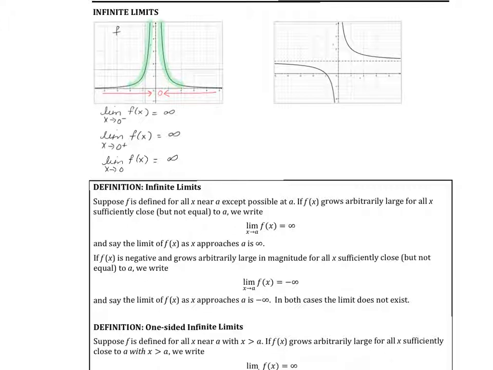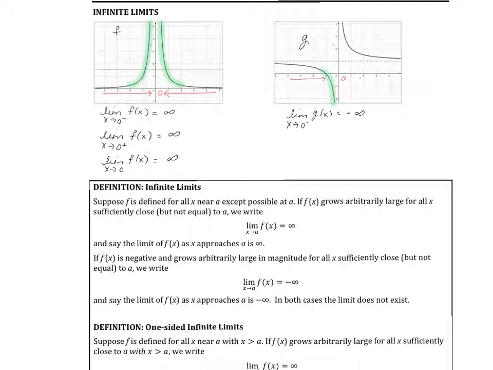As we approach 0 from the left, what happens is the graph goes down to negative infinity. So I would write the limit as x approaches 0 from the left. I'll call this function g of x is equal to negative infinity.